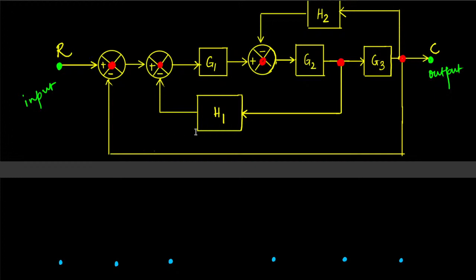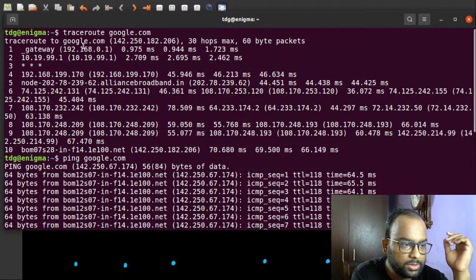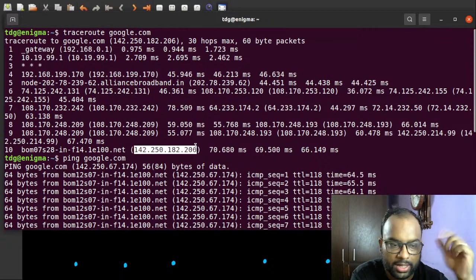So my computer is the input node in that graph, and that particular Google server was the output node. Here too, my computer is the input, and through all these hops I reach the Google server, which is the exit node or the output.